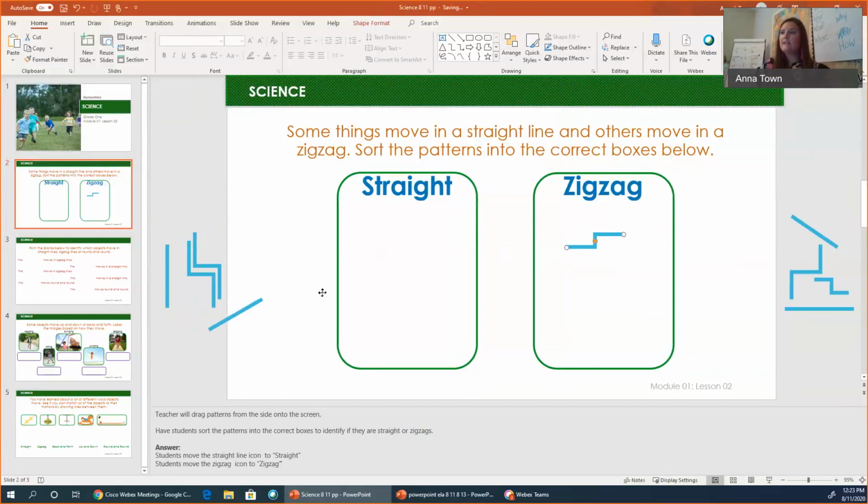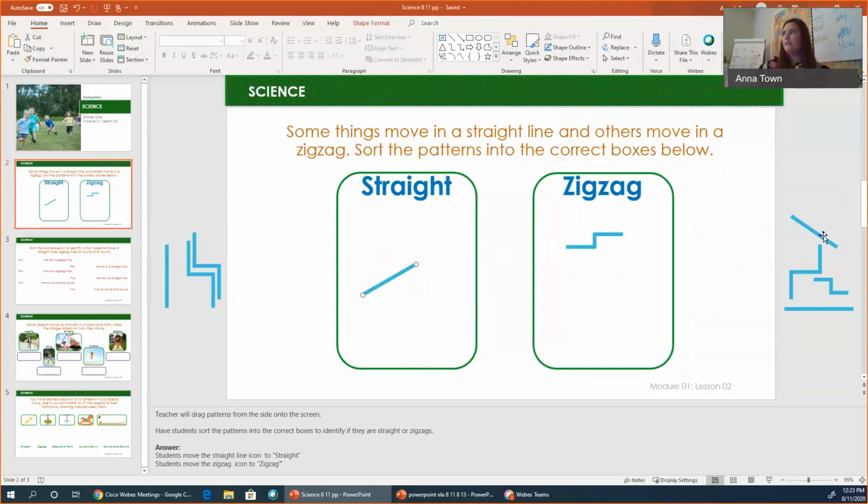This right here is a straight line. It does not have any curves to it. It stays going in the same direction. This changes directions. It goes side, up, side. This continues to go in one direction.